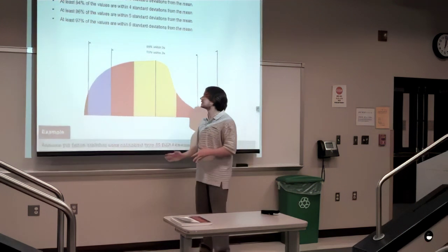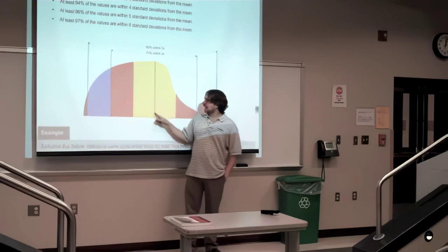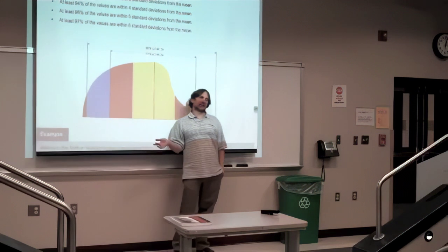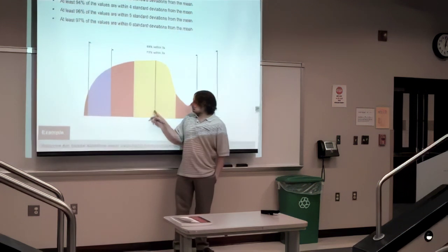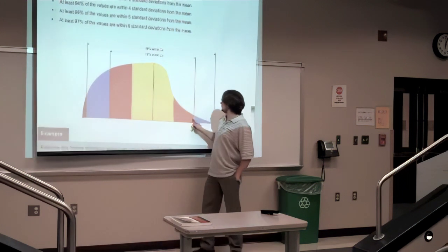Chebyshev's theorem says this: if I take my standard deviation and subtract 2 of those from the mean, so let's say my standard deviation is 5, so I would subtract 10 from it and add 10 to it.